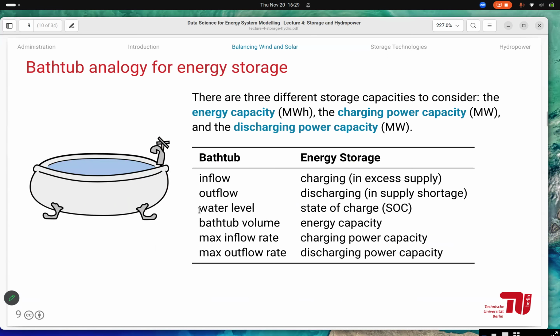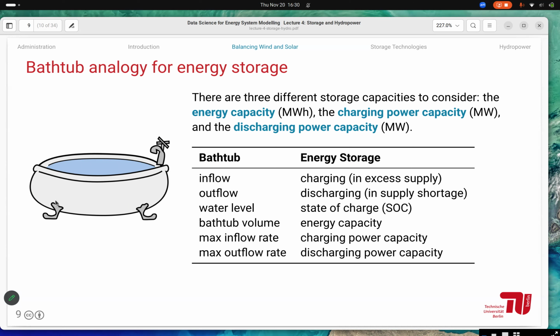So one thing that this bathtub analogy doesn't account for, and what we'll skip for now and introduce in a couple of minutes, is that in this analogy we don't lose any energy, we don't lose any water. For energy storage, you have some conversion efficiencies of bringing water into the bathtub, and also when draining, you cannot make everything useful.